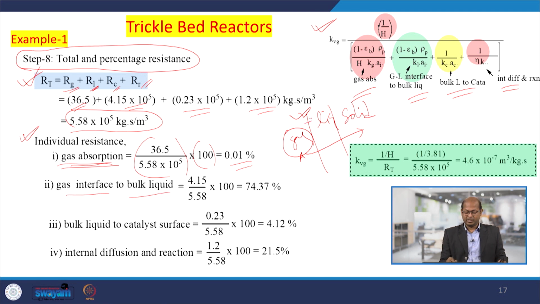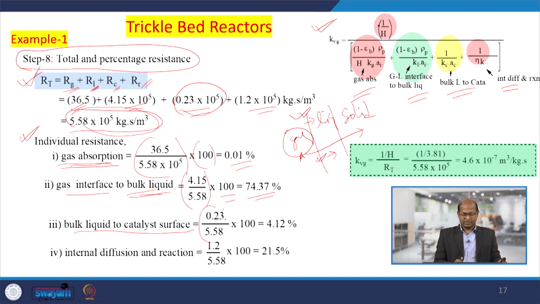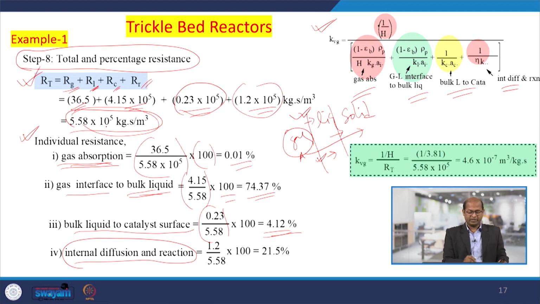Gas interface to the bulk liquid, the resistance is 4.15 into 10 to the power 5 divided by total multiplied by 100, which gives 74.37 percent. Then bulk liquid to the catalyst surface, 0.23 divided by this total, so we get 4.12 percent. And interfacial diffusion and reactions, that is 1.2 divided by total, so we get 21.5.